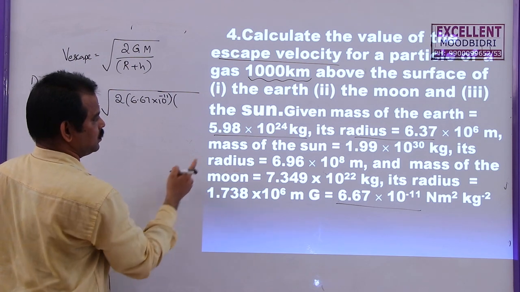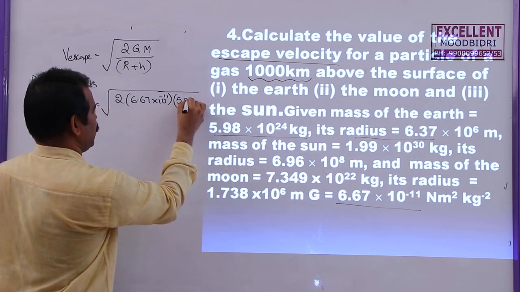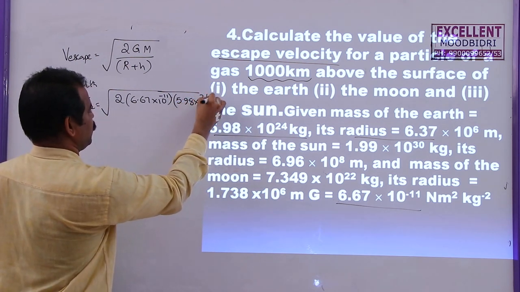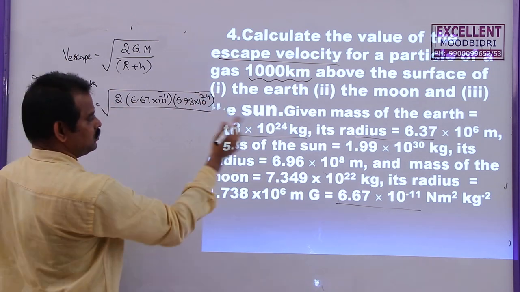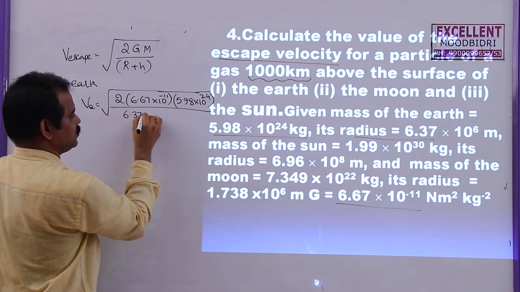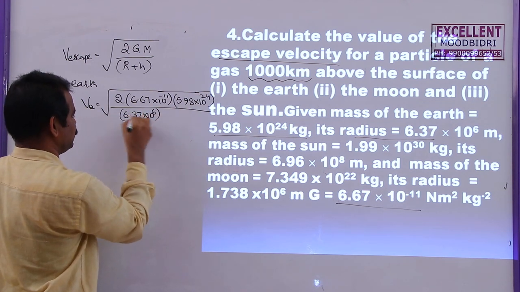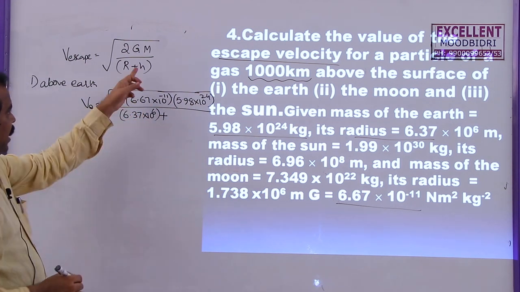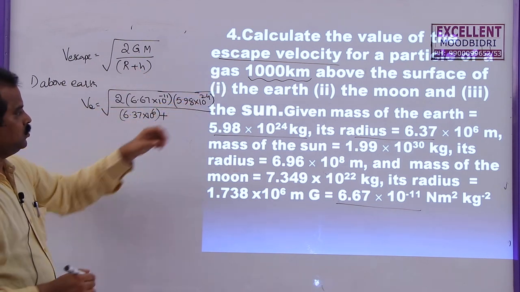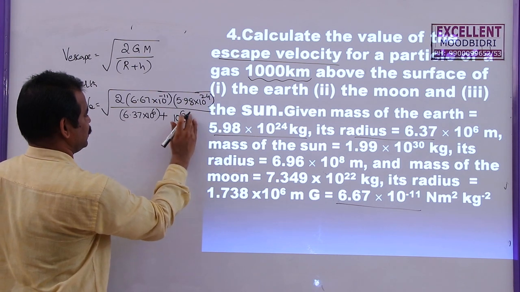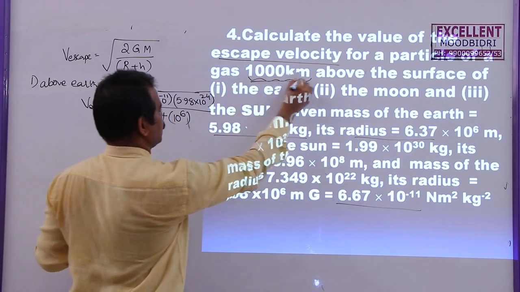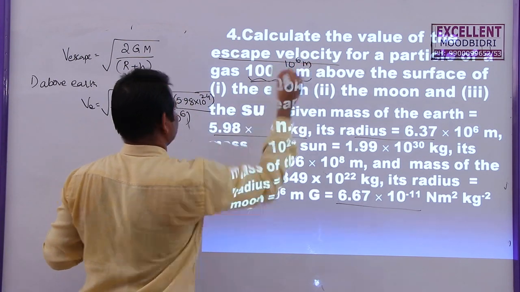Mass of earth is 5.98 into 10 power 24 by radius of earth is 6.37 into 10 power 6 meters plus height above surface of earth is 1000 kilometers. 1000 kilometers can be written as 10 power 6 meters.